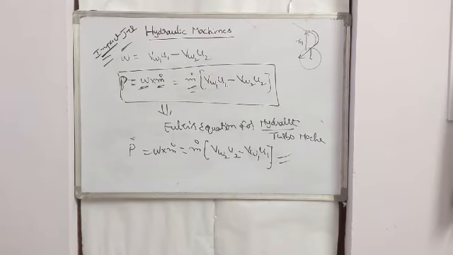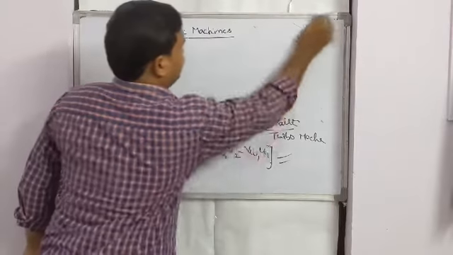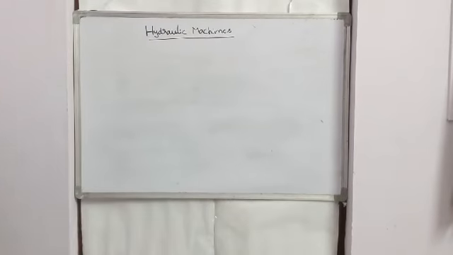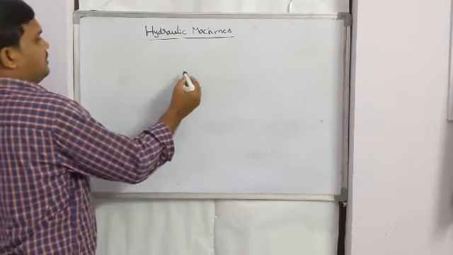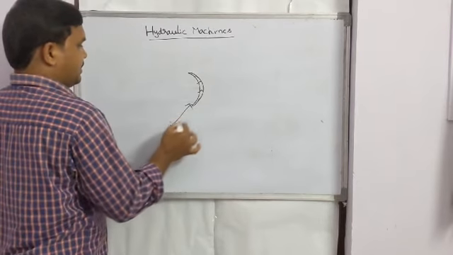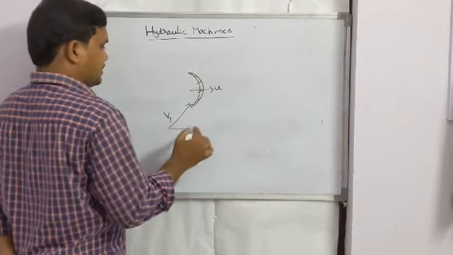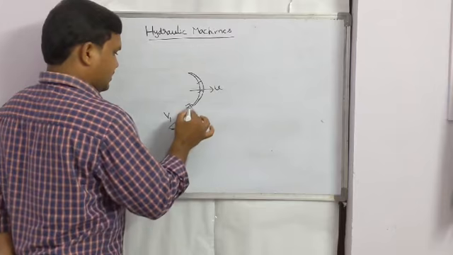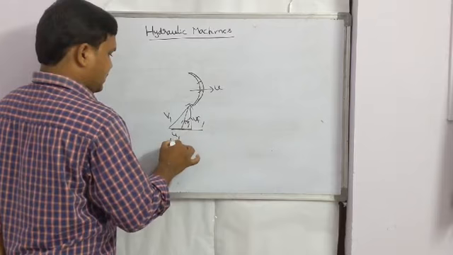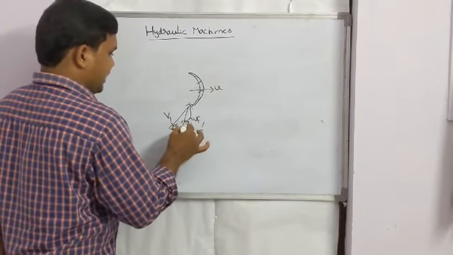Coming to the velocity triangle. We already know the velocity triangle: this is a blade, this is the velocity coming from the jet, the absolute velocity V1, and the blade is moving in this direction with velocity U. This is U1, this is VR1, this is VF1, this is the tangential component VW1, this is the jet angle, this is the blade angle.